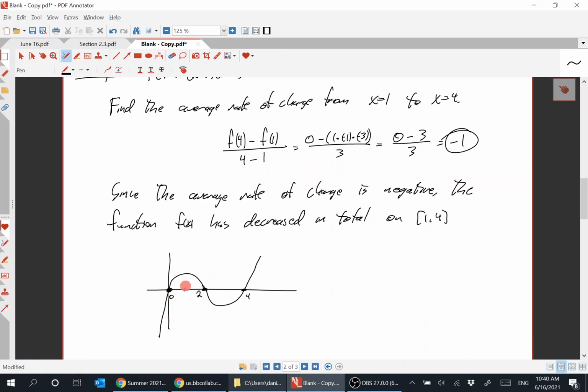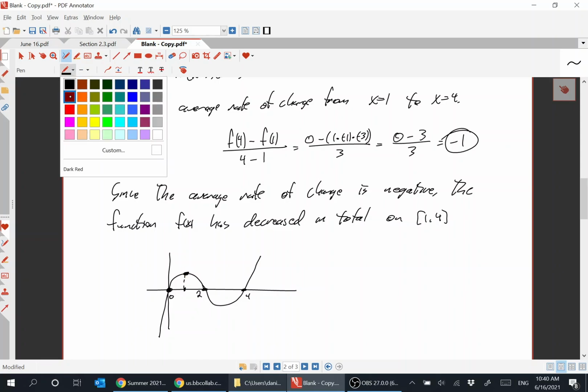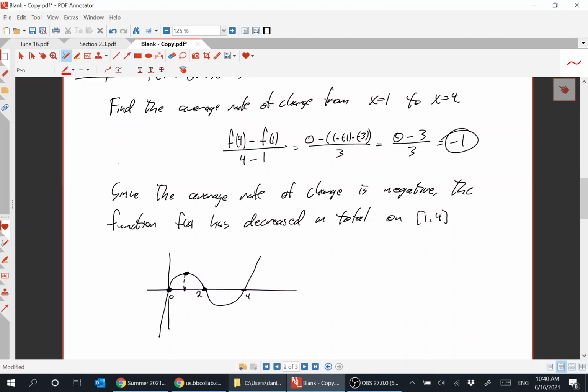So we see that f of 1, not that that's where the local maximum is, although the way I drew it is implying that, where that local maximum is is less clear.